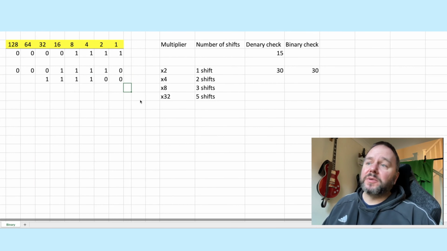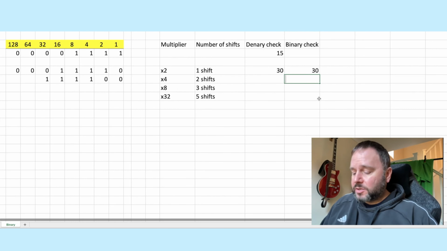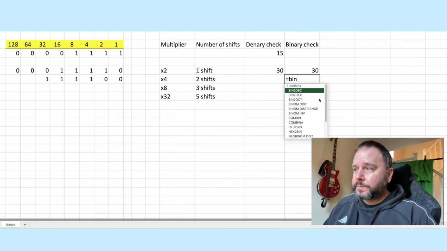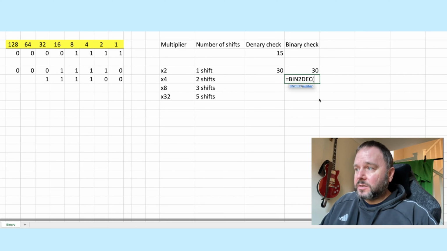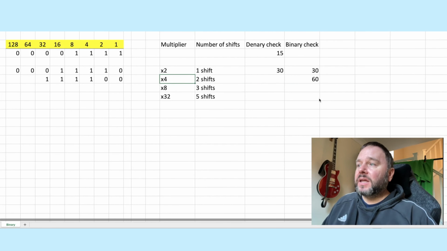Let's do our binary to decimal: 1, 1, 1, 1, 2 zeros this time. That is 60. 15 times by 4 is 60.